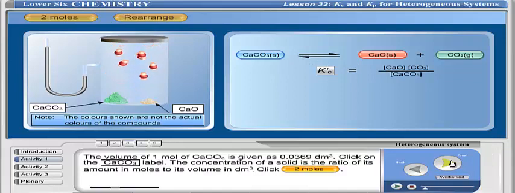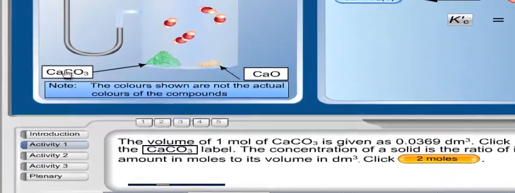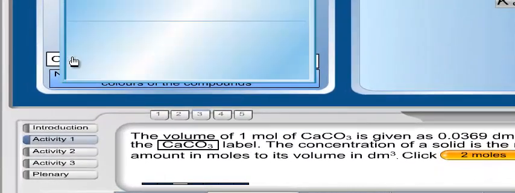The volume of 1 mole of calcium carbonate is given as 0.0369 cubic decimeter. Click on the calcium carbonate label. The concentration of a solid is the ratio of its amount in moles to its volume in cubic decimeter. Click the 2 moles button.